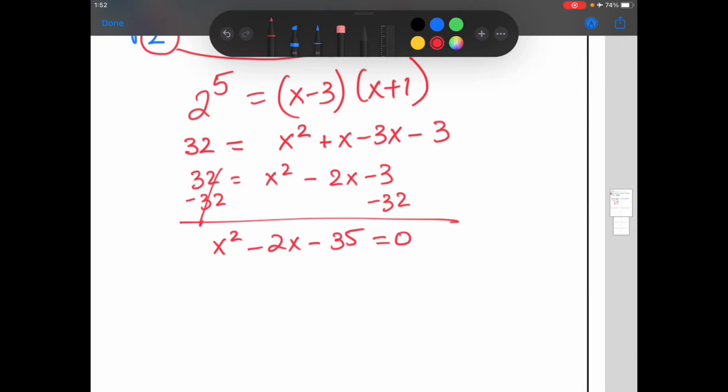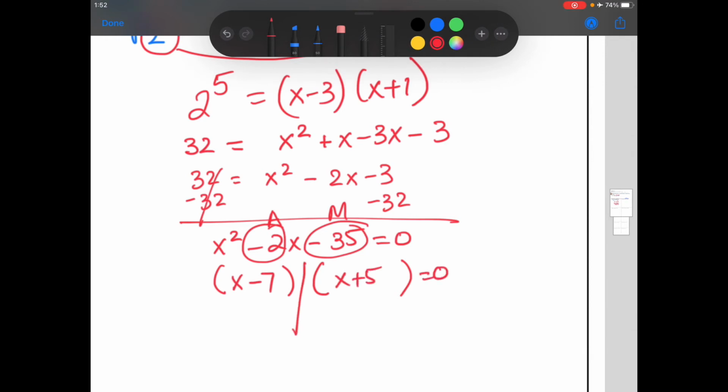Now factor. There's no GCF, so I'm going to factor using my AM method. Give me two numbers that multiply to -35 and add to -2. That's what's called the AM method. It is -7, +5. Make up your T-chart, set each of your factors equal to 0 and solve.